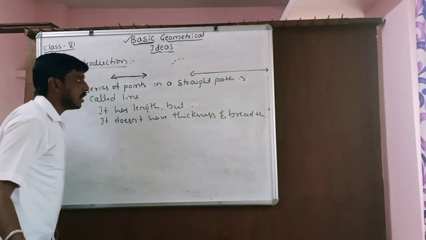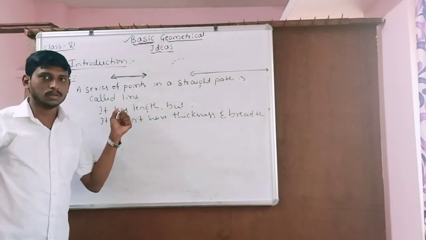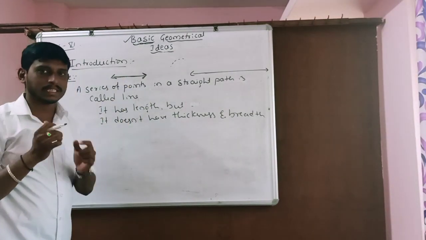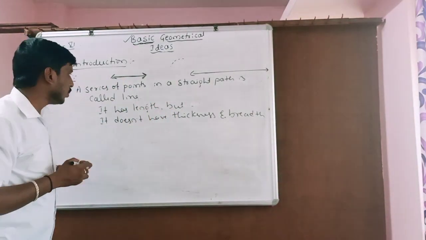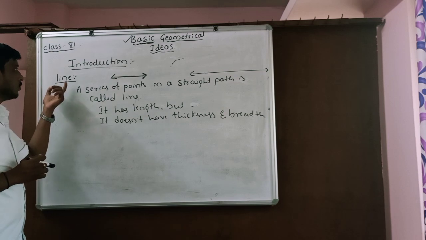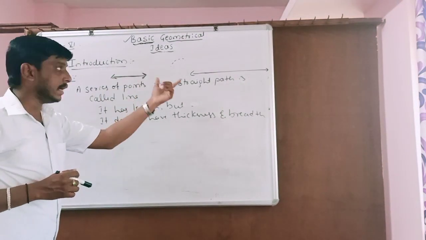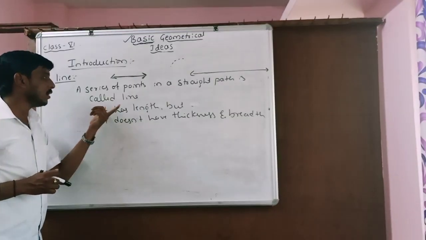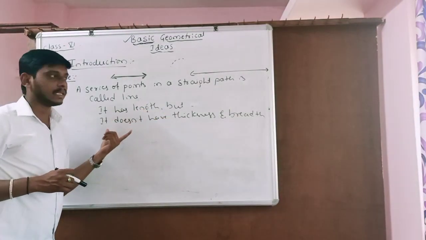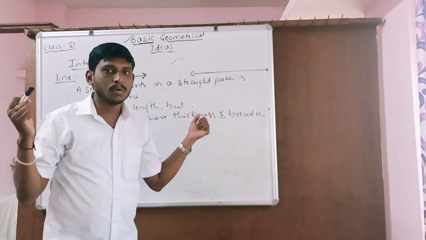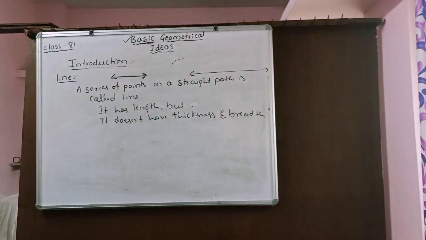So a line can be extended on both sides, in both directions. So this is the concept of a line. What do you mean by line? A series of points in a straight path is called a line. It has only length, meaning it has no breadth and thickness. It can be extended on both sides.